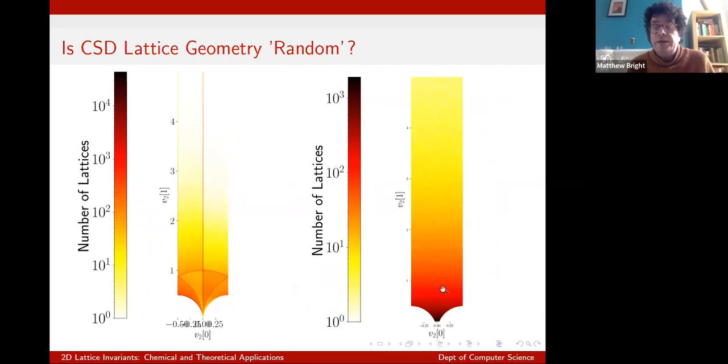And on the right here, you've got randomly generated lattices, and because they fill the space, it gets rather hard to see. This has been cut off at y = 5. So this is the height.